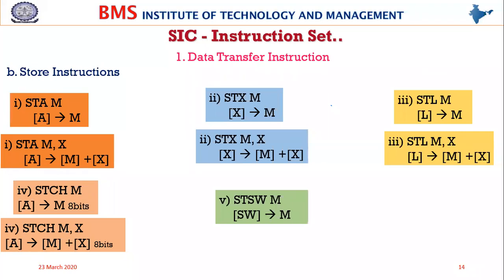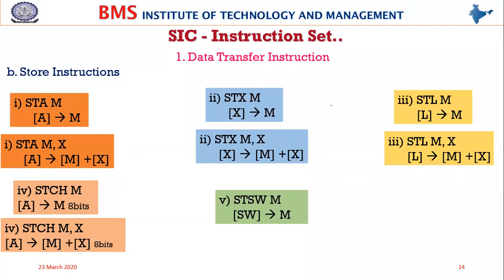We have one more special instruction called STSW, which is a 24-bit, not an 8-bit, instruction. STSW is store the status word. Status word contains the condition codes, which will be set after execution of every instruction. So this condition code specifies whether the result of the previous operation is greater than, less than, or equal to.